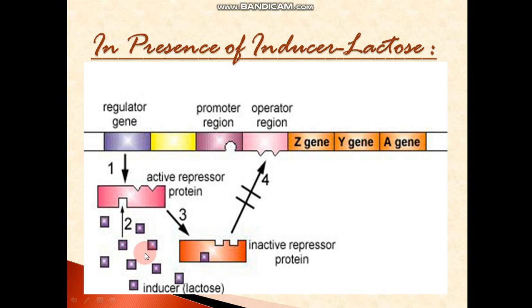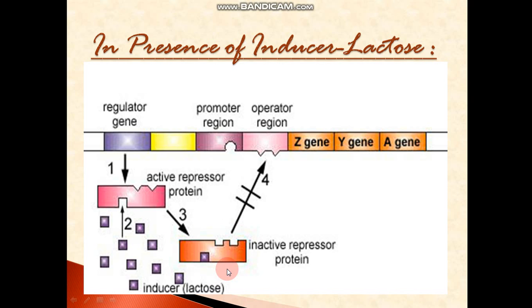When the Escherichia coli is having some amount of lactose present, when the bacteria is being grown in a medium which has lactose in it, this lactose will go and bind to the active repressor. Okay, so this active repressor will be stopped by the lactose, which goes and attaches into this groove. You can see the complex here.